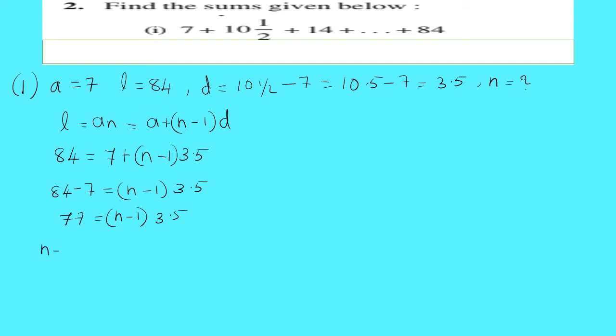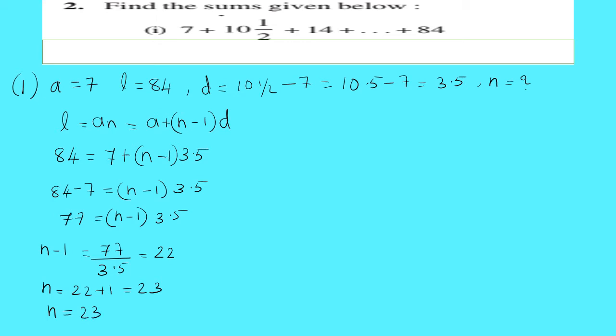Therefore, n minus 1 equals 77 upon 3.5. 77 upon 3.5. That means 77, 7 is common in both. So you are getting it as 22. Therefore, n equals 22 plus 1, that is 23.